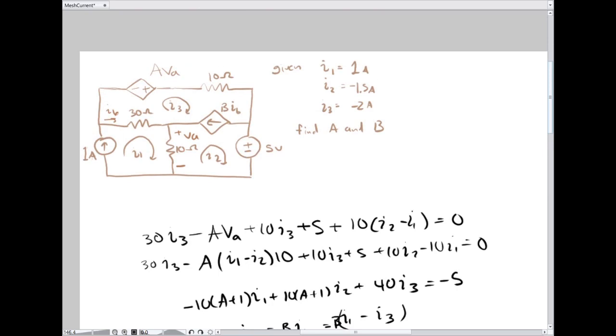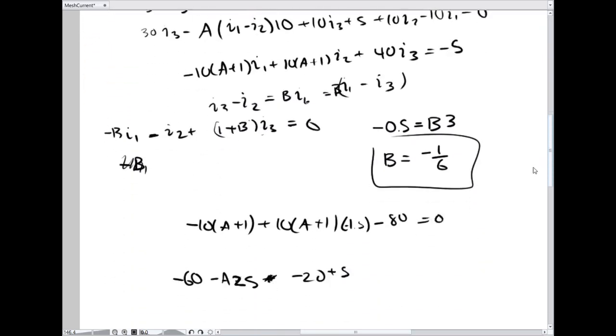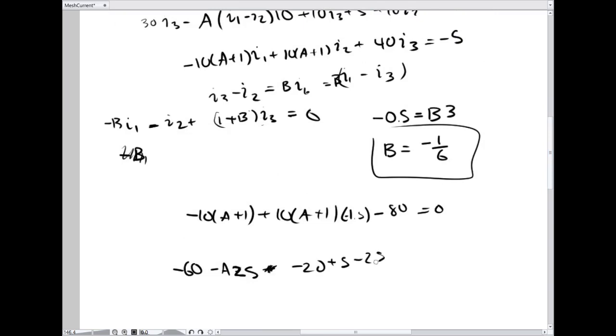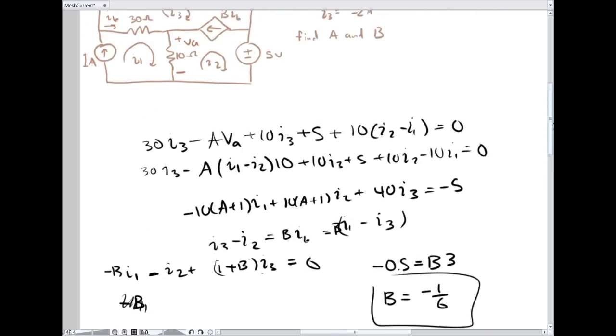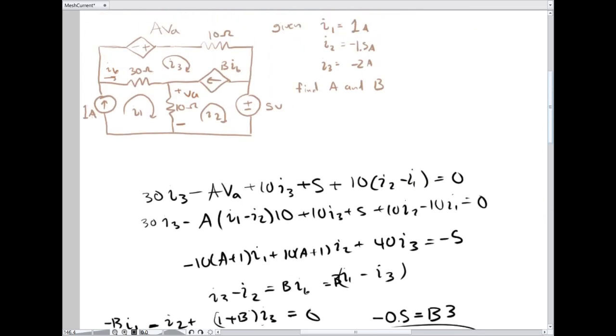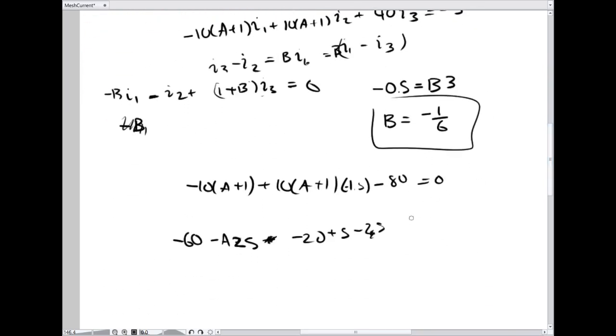I2 minus I1 is minus 2.5, but there's no point because there's a times 10. Equals 0. So minus 60 minus 40 more is minus A25 is equal to 0. So A is equal to minus 1/4.